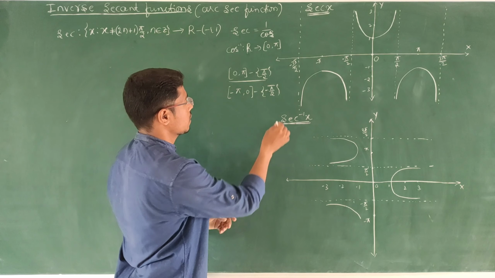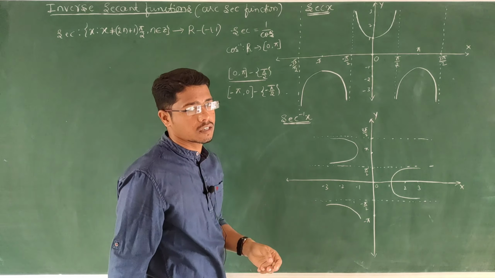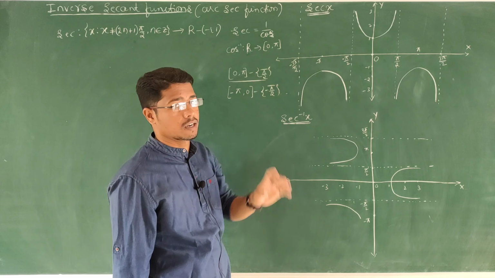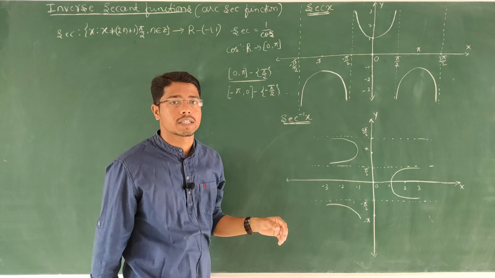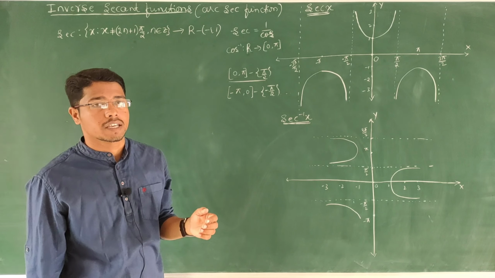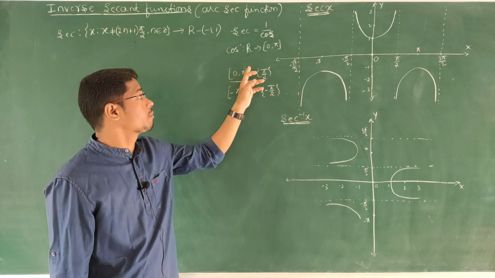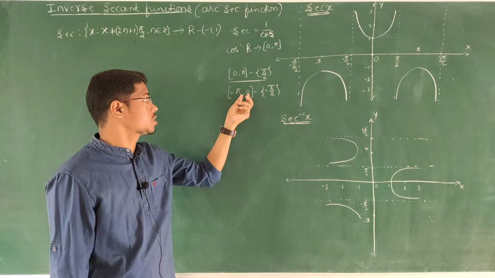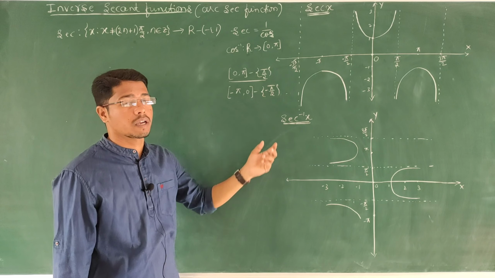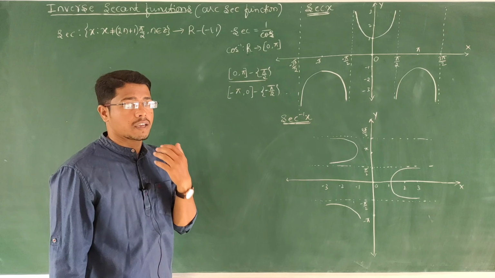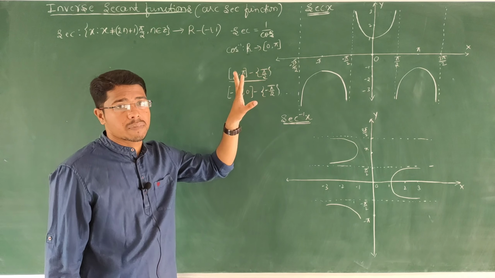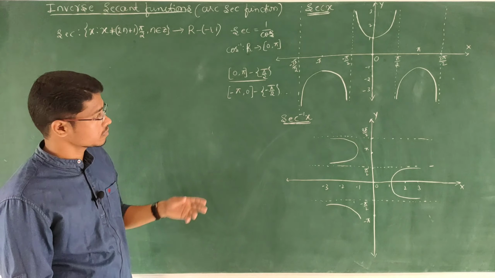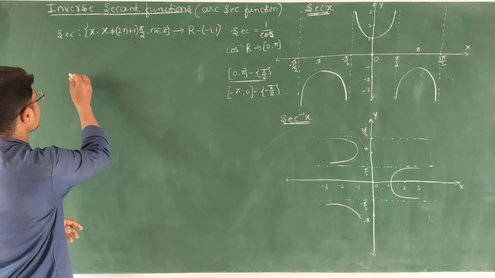And so on, we can consider many such domains to make it invertible. However, by restricting the domain of the sec function to [0, π] minus {π/2} or [-π, 0] minus {-π/2}, we get the sec function as a bijective function, and then the inverse is defined.